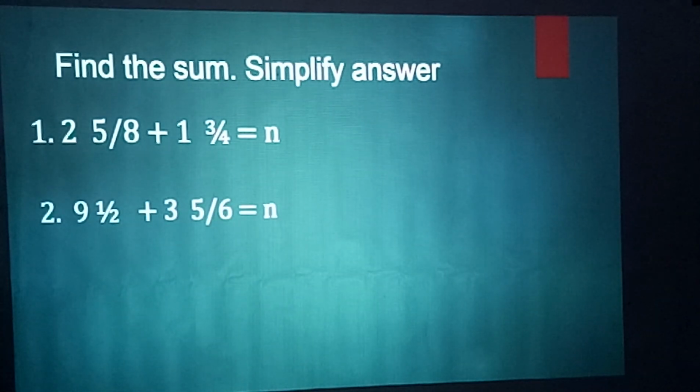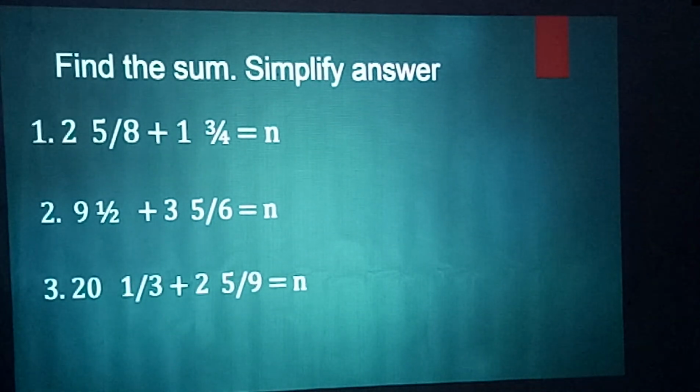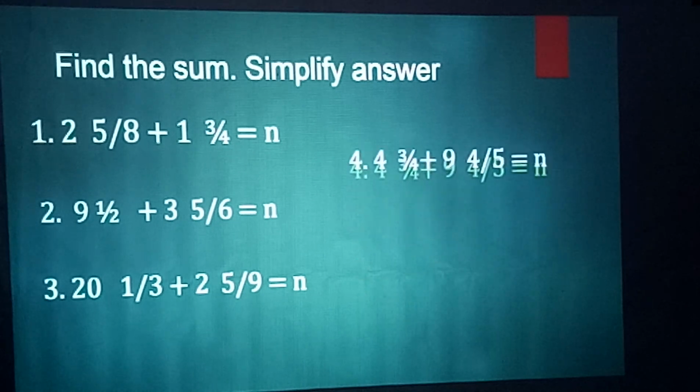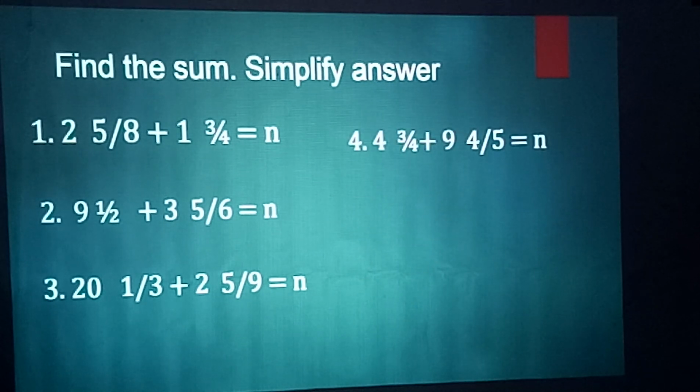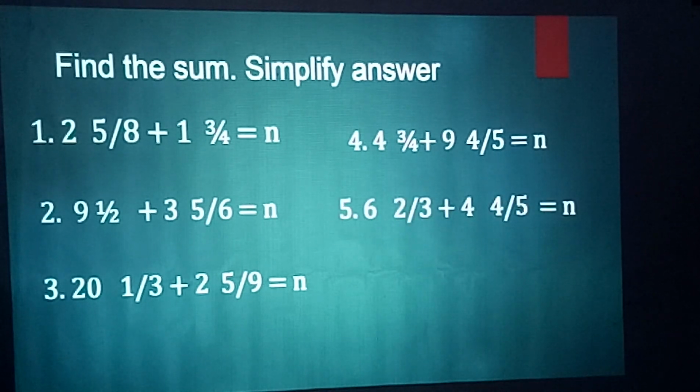Next, 9 and 1/2 plus 3 and 5/6 equals n. Then 20 and 1/3 plus 2 and 5/9 equals n. And 4 and 3/4 plus 9 and 4/5 equals n. And the last number is 6 and 2/3 plus 4 and 4/5 equals n.